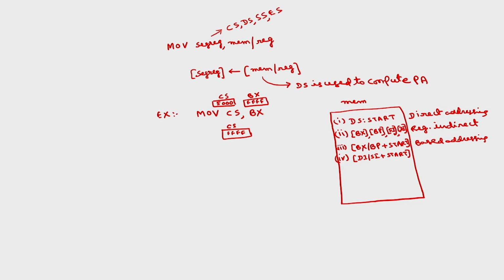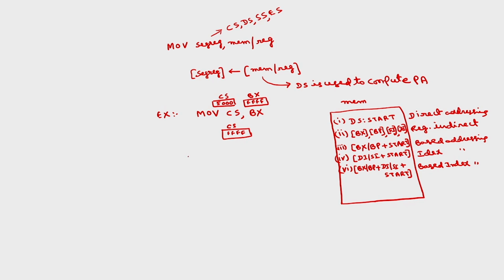Through assembler directives the user can define the value of start. Next one is base index, base register as well as index register: BX or BP plus SI or DI plus start. So there are different ways to specify the memory. Wherever the memory comes throughout this instruction set, that memory refers to one of these combinations.